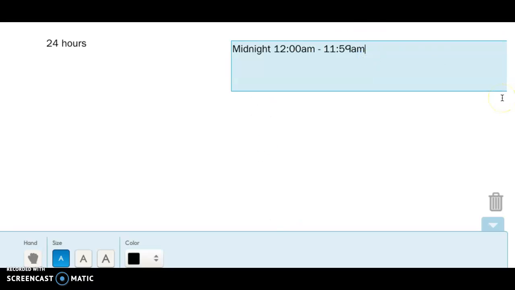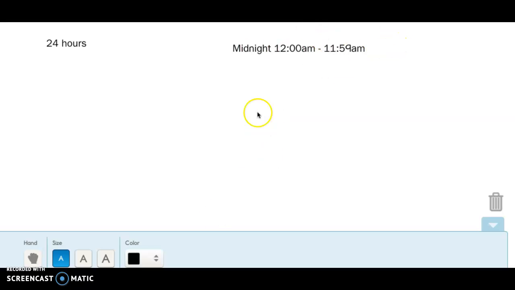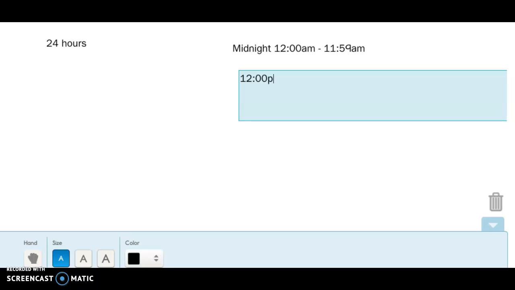Okay, so 12 a.m. is when you are sleeping at midnight, and it goes all the way to 11:59 a.m., which is right before lunchtime. Those are our AM hours. That means all the time after lunchtime, 12 p.m. to 11:59 p.m., which is past your bedtime, those are all of our PM hours.